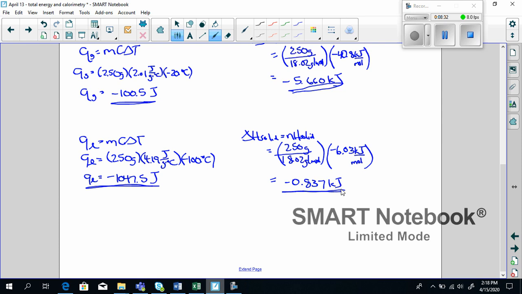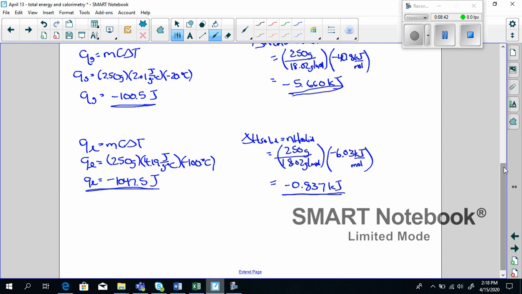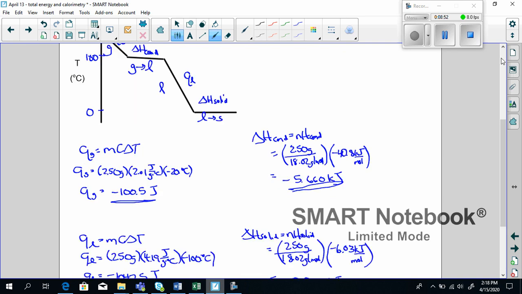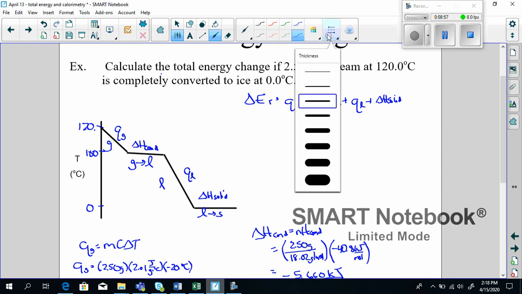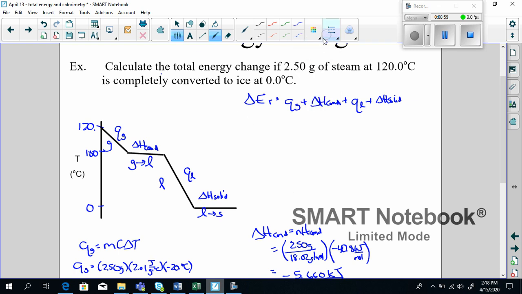Now that we have our 4 answers, we can go ahead and add those together, back in our original equation. So what we also have to remember is that when we're adding these 4 answers together, they have to be the same units. So we have to convert them all to kilojoules or convert them all to joules. I'm going to convert these two joule values, or heat values, into kilojoules. So when I scroll up and plug our numbers in, negative 100.5 will be negative 0.1005 kilojoules.